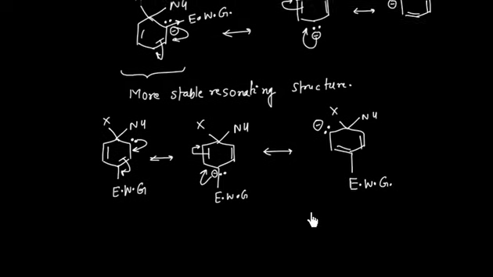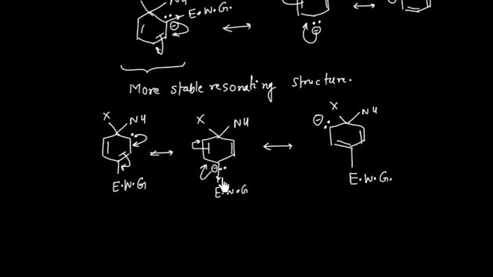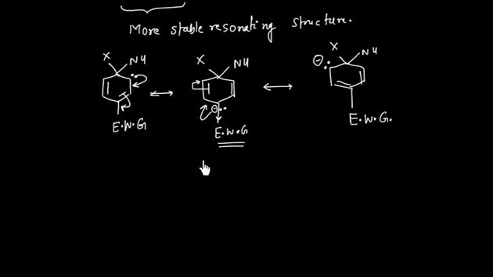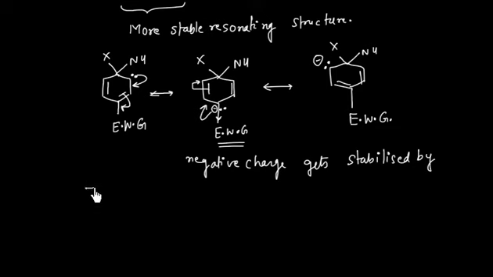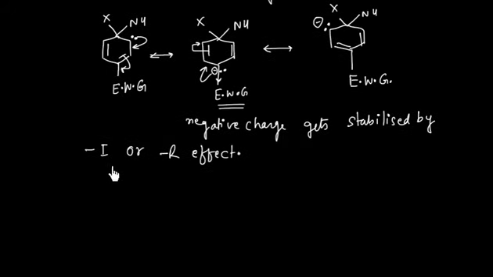Now in this case again, this resonating structure is very stable because the negative charge is directly pulled by the electron withdrawing group. It can be pulled by resonance or by inductive effect. So the negative charge gets stabilized by the minus I or minus R effect.